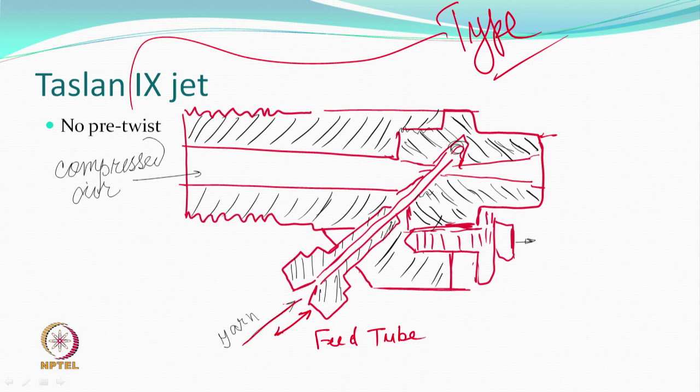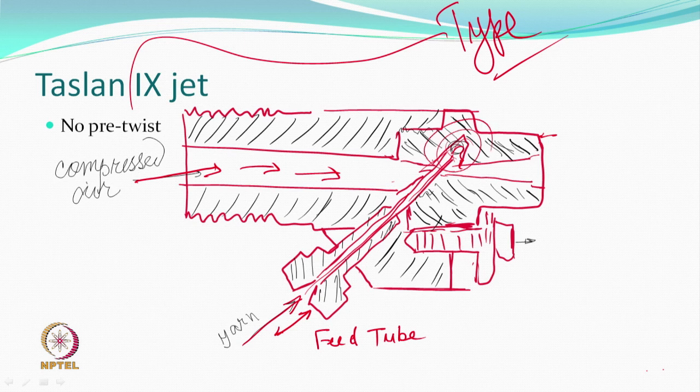The yarn is going to be fed through this tube, and therefore it is also entering the jet at some angle. The compressed air is coming directly in a straight direction, but it would interact with the feed tube and the yarn coming out at some place here.